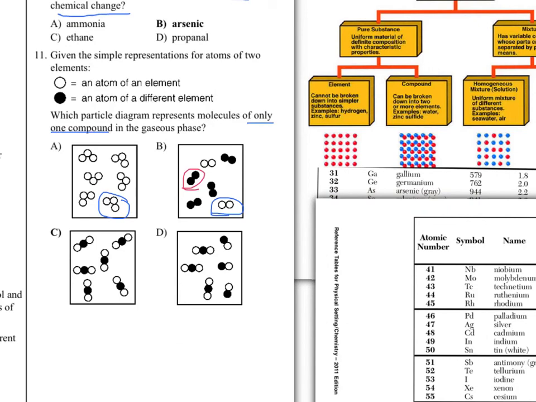In choice C, you'll notice that we have a compound, a chemical combination of 2 or more different atoms. So choice C is going to be our choice, and the reason why choice D is not our choice is we do have this compound here, but we also have a different compound present, so that's a mixture of compounds. So choice C would of course be the best choice.